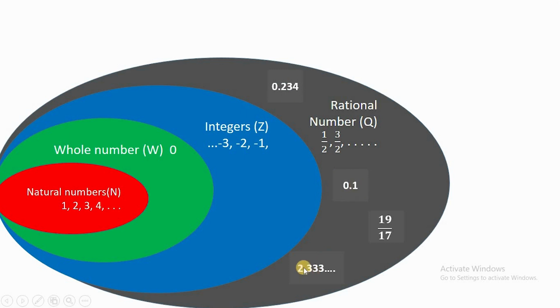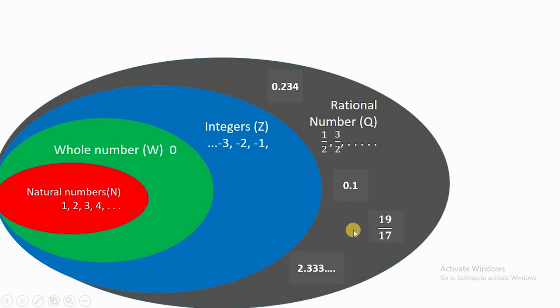But in the case of 2.3333..., the decimal is not terminating but repeating, because the same digit is being repeated. These numbers can also be expressed in the form P by Q. Therefore, they are called rational numbers.